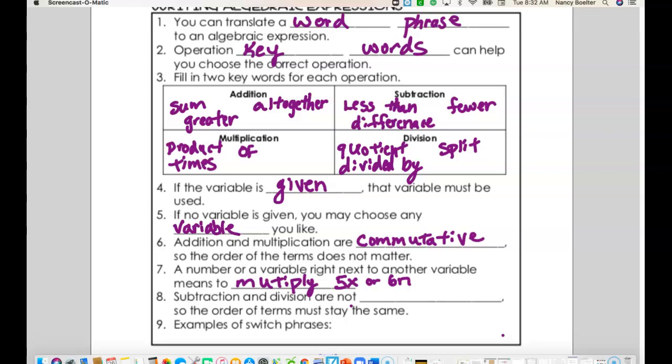Subtraction and division are not commutative. So order does matter when you're working with division and subtraction.